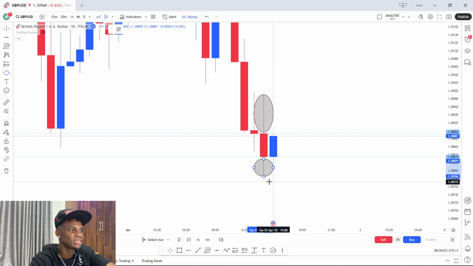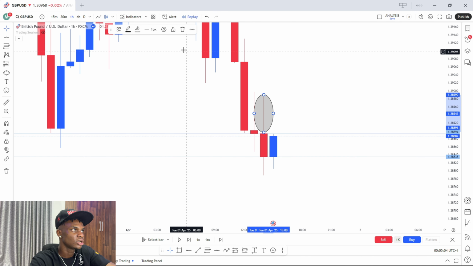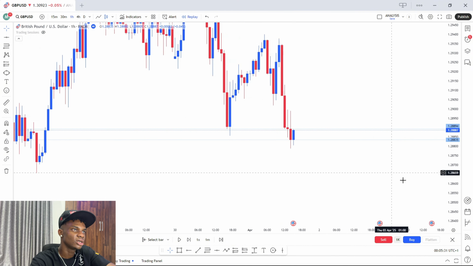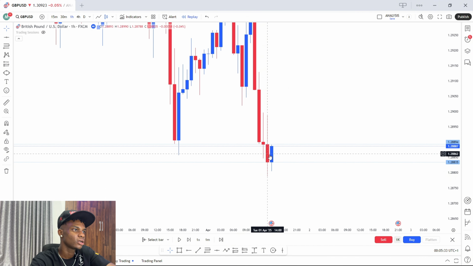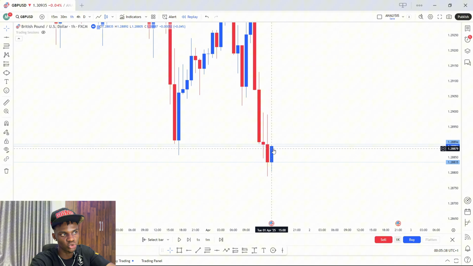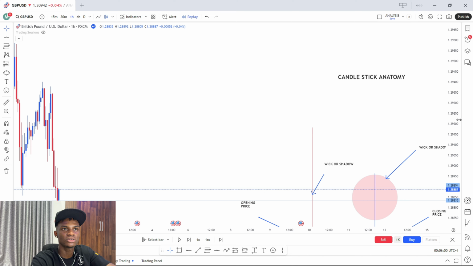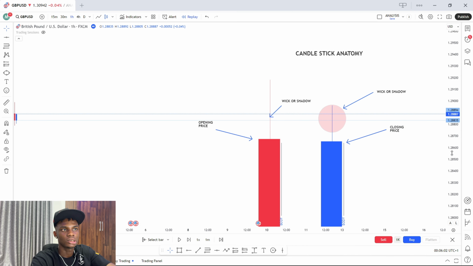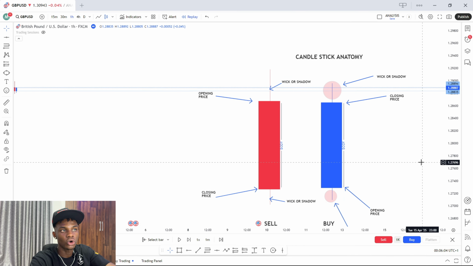These are just like evidences that this candle moved at some point to these areas and at some point to these areas too. But it did not close there. The closing was here. This closing of this candle now serves as a new opening of a new candle. With this explanation of the candlestick anatomy, I believe that you should be a little, if not totally clear.